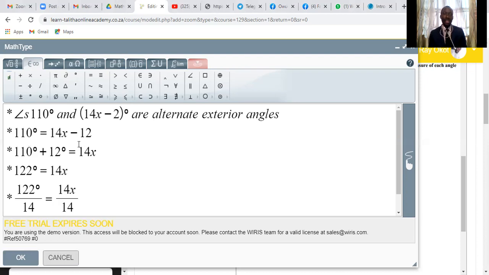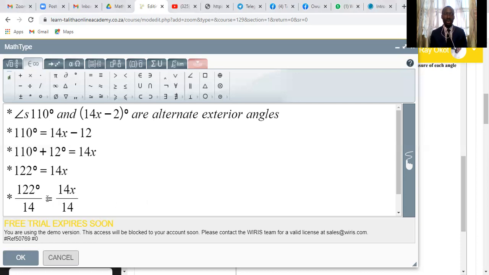Since initially 12 degrees was on the right hand side and it was minus, when it is moved to the left hand side, it will become a plus. On the right hand side, we will then be left with what? 14x. And so when we add 110 to 12 degrees, we get what? 122 degrees. On the right hand side, we remain with 14x. This way, we can find the value of x after dividing 14x by 14.